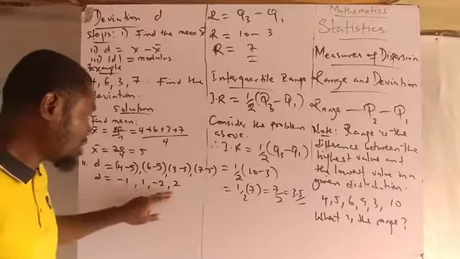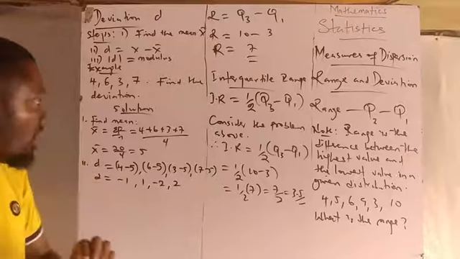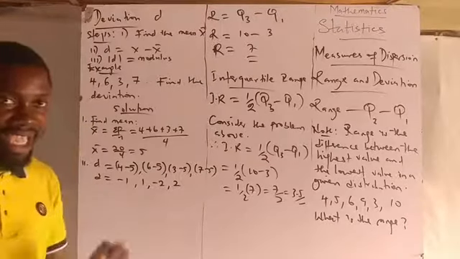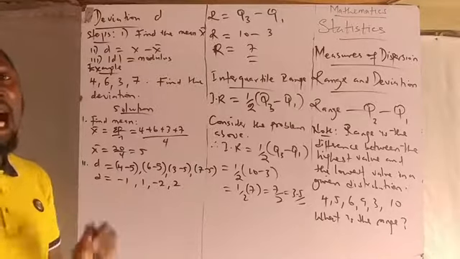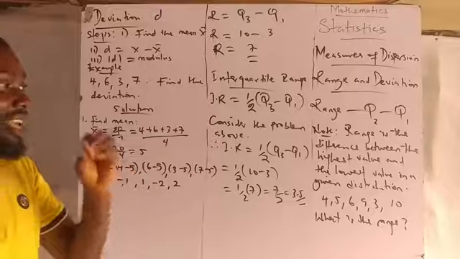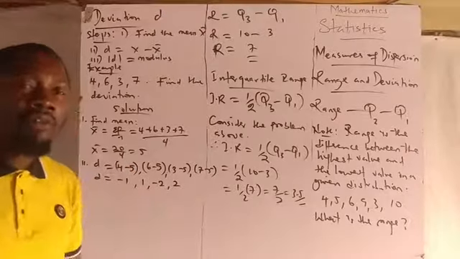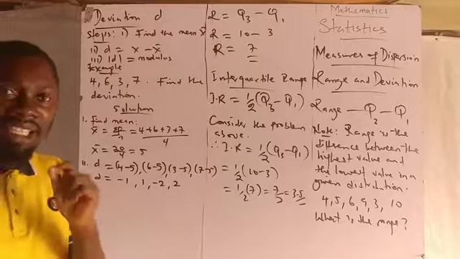I said the first thing you do if you want to get your deviation is find the mean value. Calculate your mean. If you have the mean value, subtract the mean value from each of the scores given to you in that distribution.